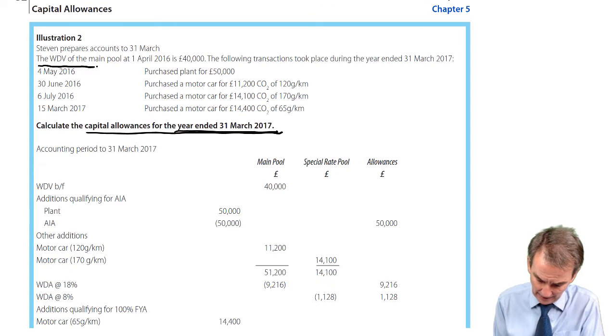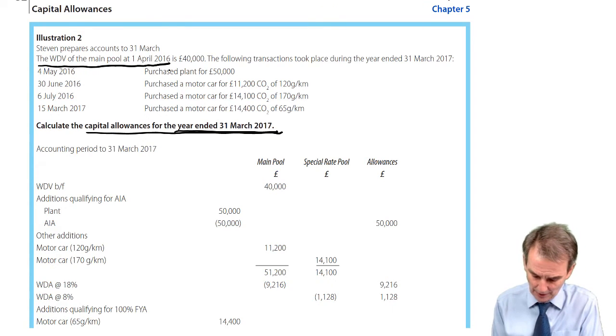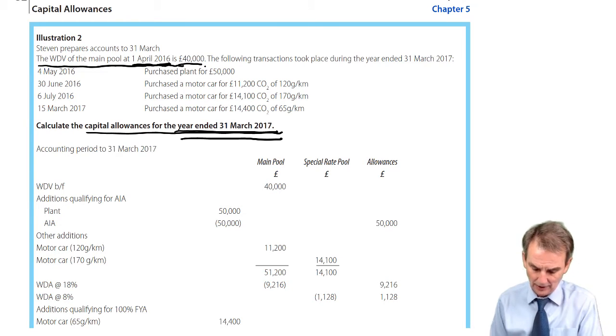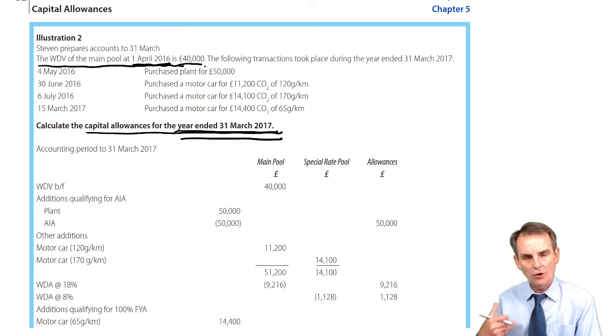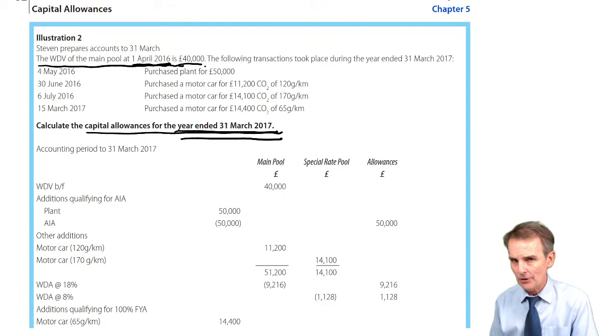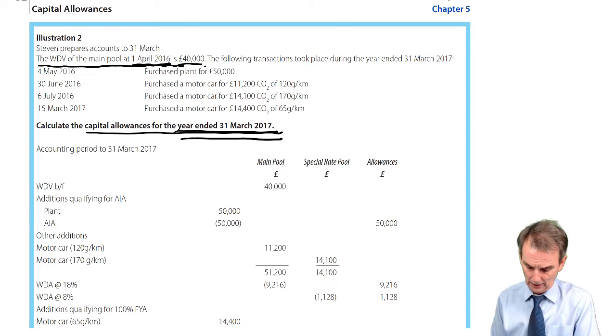The written down value of the main pool, so our tax written down value, at the beginning of the year ended March 17, i.e. the 1st of April 16, is £40,000. So as you read through a question, we're trying to work out what columns we will need on the capital allowances computation and what allowances will be available in relation to the different items of expenditure incurred.